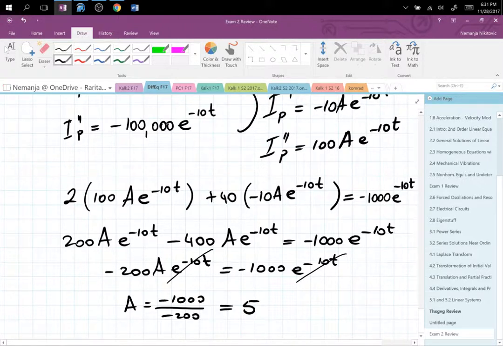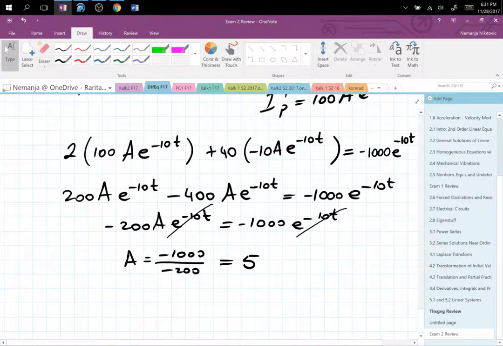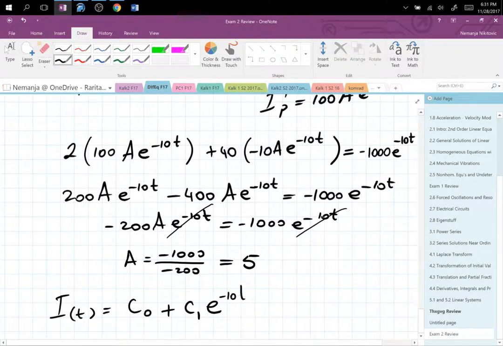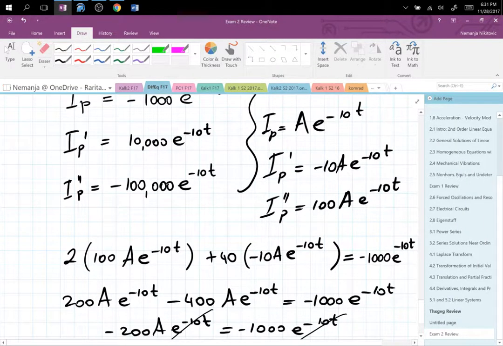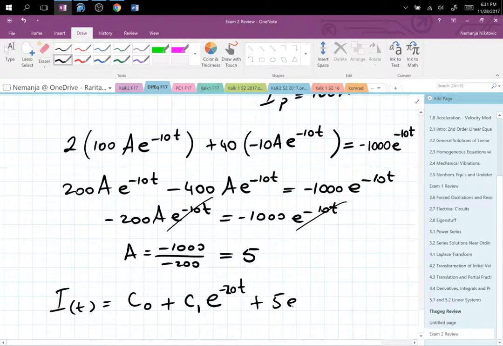All this work to get that A is 5, and we have I in time is C0 plus C1 e to the negative 20t, plus the particular, which is 5e to the negative 10t.